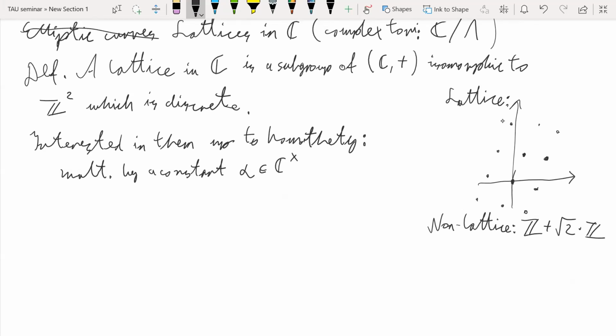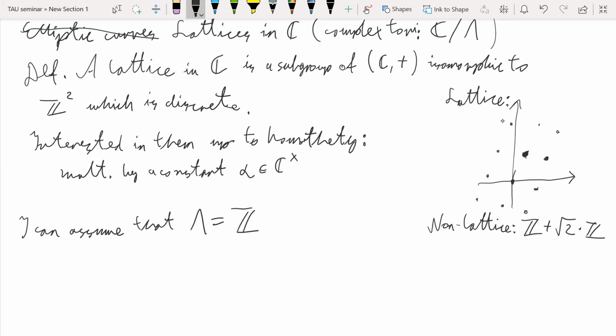If I have a lattice like that, then if I take some non-zero basis element, an element of some basis of the space, and I'm only interested in those lattices up to homothety, then I can assume that Lambda is equal to Z plus something.